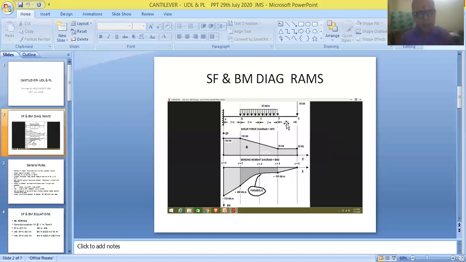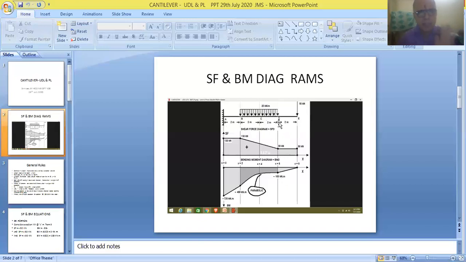Based on this figure, we can divide the beam into different regions, frame SF and BM equations, fix the limits, measure the values, and ultimately construct these diagrams. The diagram already given in the problem is called a loading diagram.